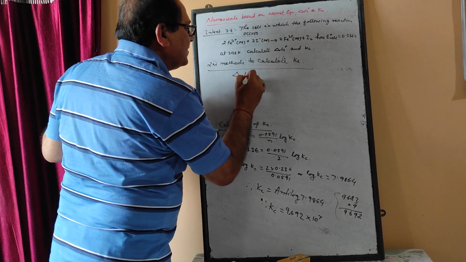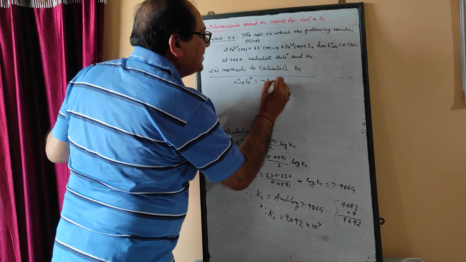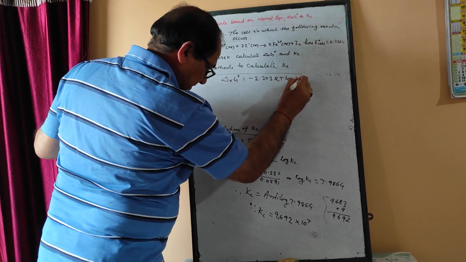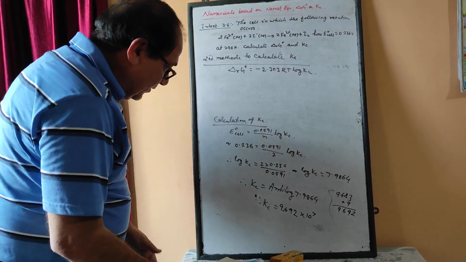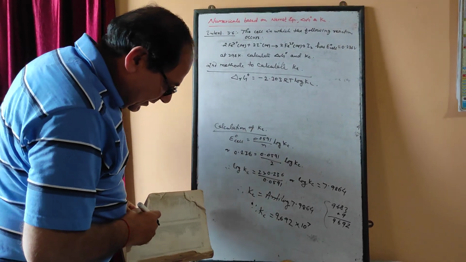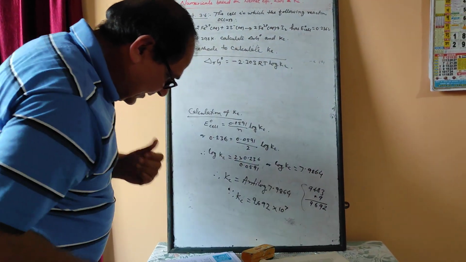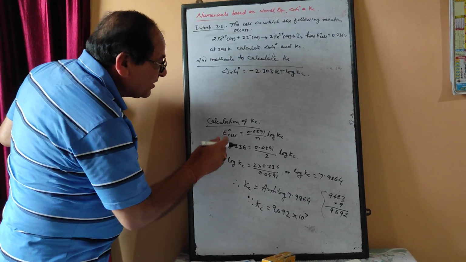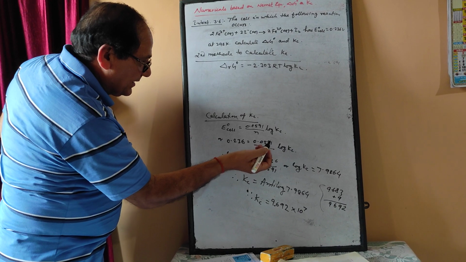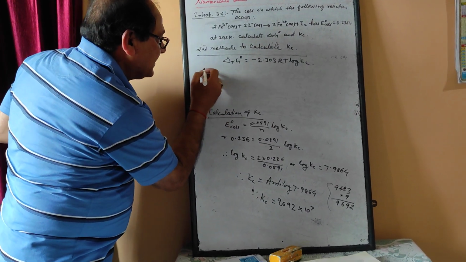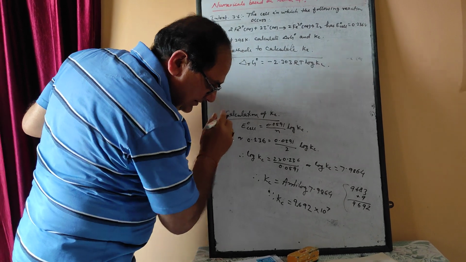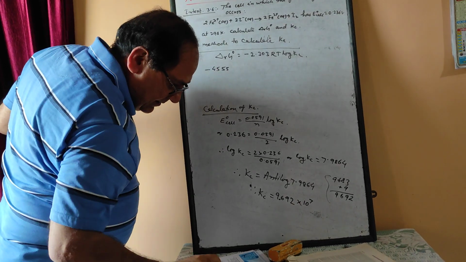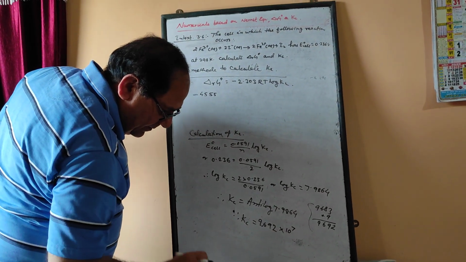So delta rG0 is equal to minus 2.303 RT log Kc. This value you can use. Delta G0 was what? Check, that value was minus 45,548.